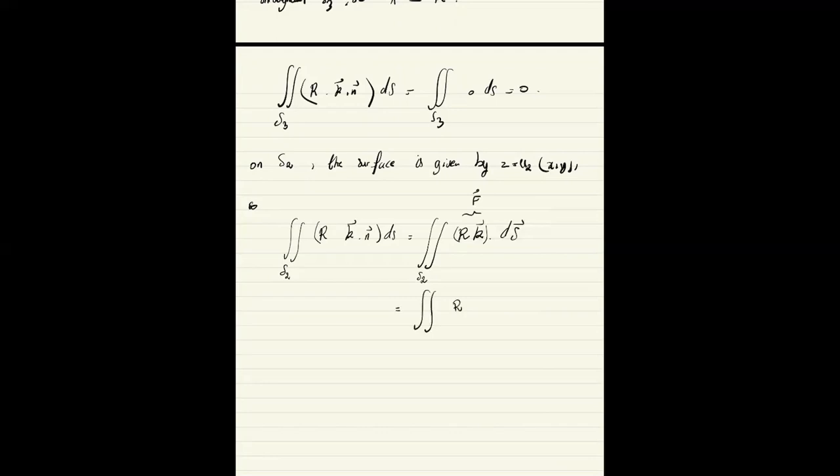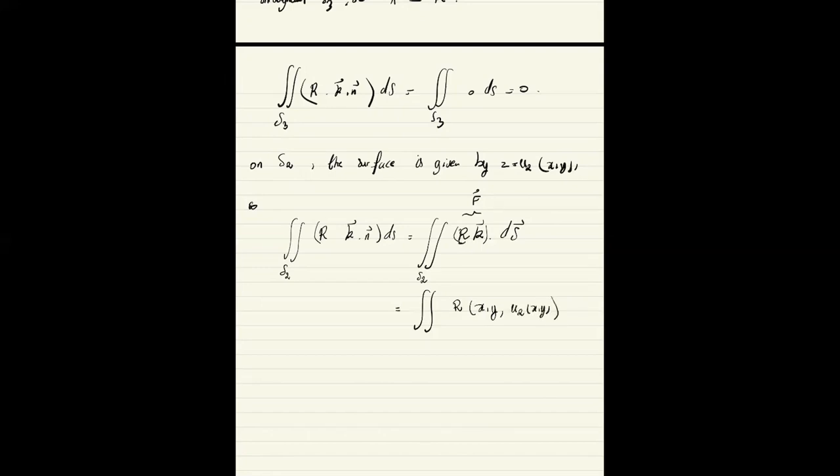R(x,y), because the first two components vanish, since this vector field has no X or Y component. But then R in the vector field has to be evaluated on the surface, which in this case is u2(x,y), because remember, this is a function of 3 variables.